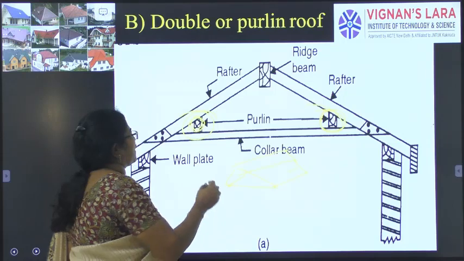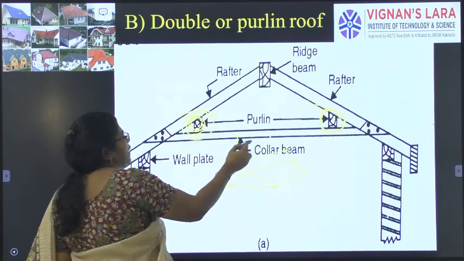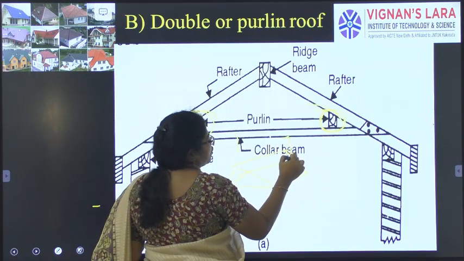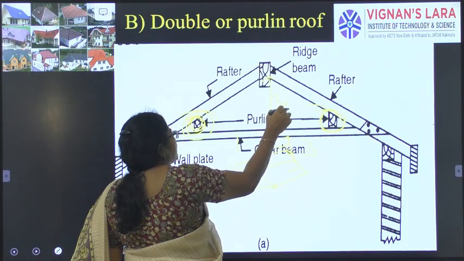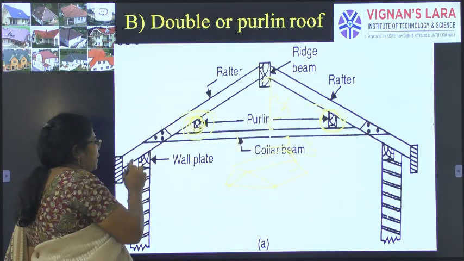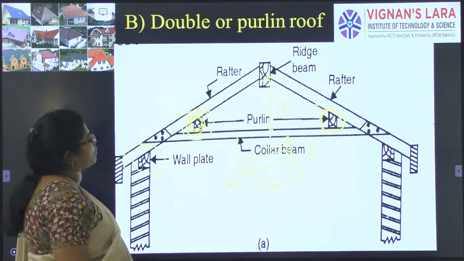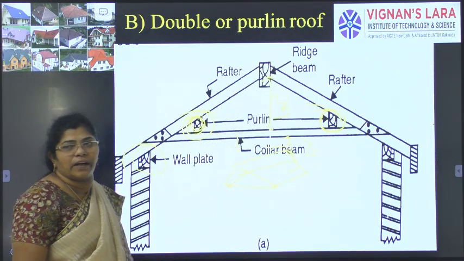Okay, so this purlin will give you extra support. This will be a collar beam. It will be at a distance of 1/3 from the bottom. This will be at a distance of 2/3. Okay, this we call the main wall. This is called the wall plate, which is attached to the cobbles. This is called the ridge beam. These are called the common rafters.